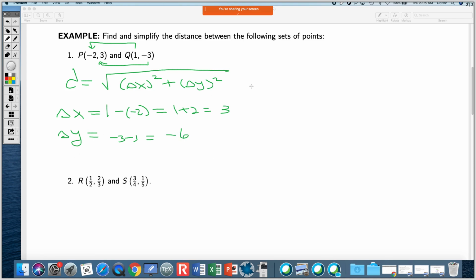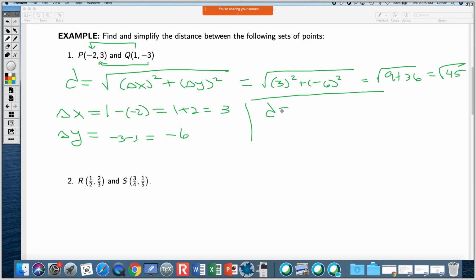And so this would be the square root of 3 squared plus negative 6 squared, which would be the square root of 9 plus 36, square root of 45. Now we can simplify that square root. As we've simplified square roots all along, we look for perfect square factors, so there's a factor of 9 in there.